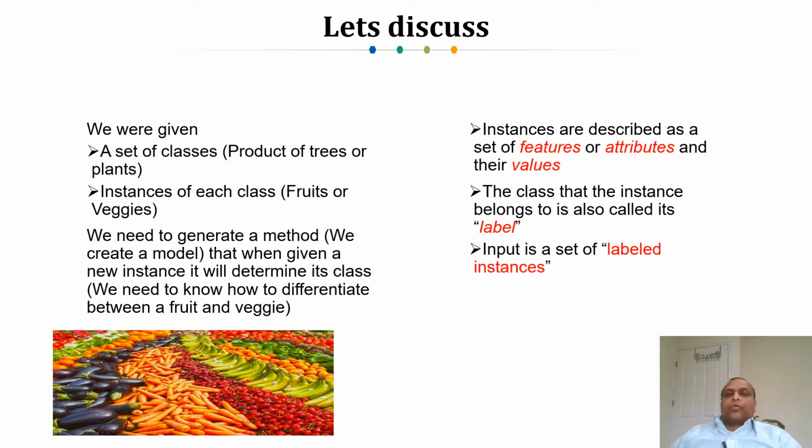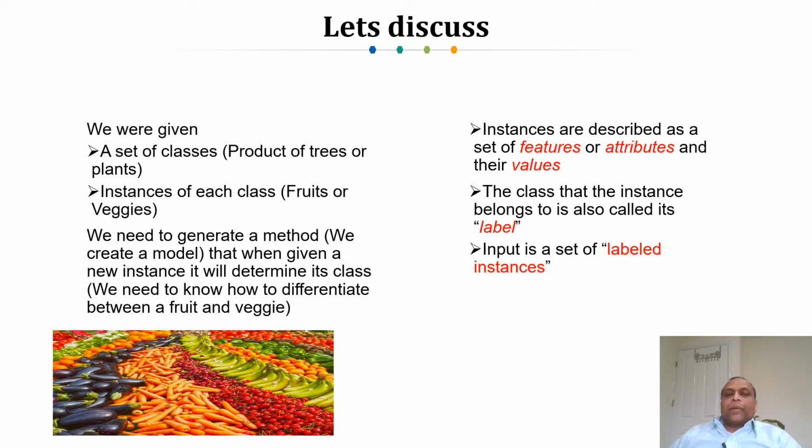So in supervised learning, you have different kinds of things, right? Let's say, for example, we have to train the machine using a training data set: a set of classes of trees or plants, and instances of each class.